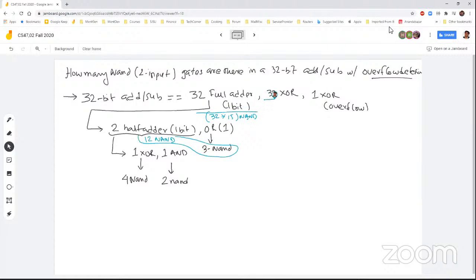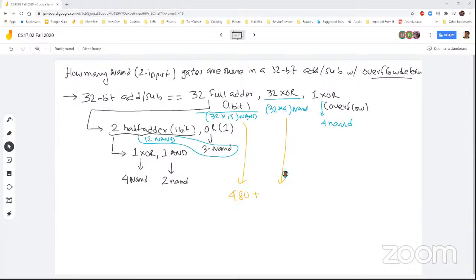And this guy will have 32 multiplied by 4 NANDs. And this is like 4 NAND. So putting them together, it becomes 32 multiplied by 15, which is 480.